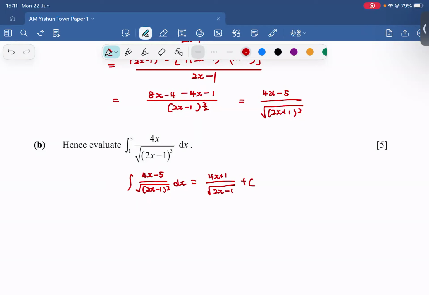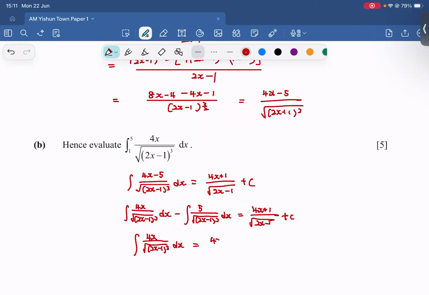Okay, then what do we do next? We separate. Then we bring it over. We bring over, it becomes plus.